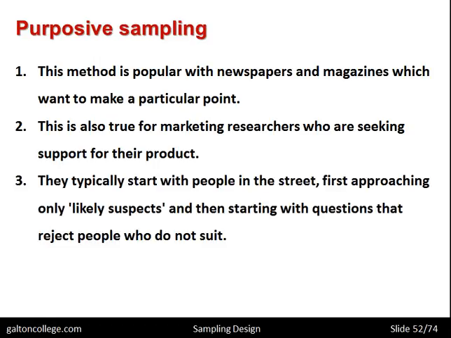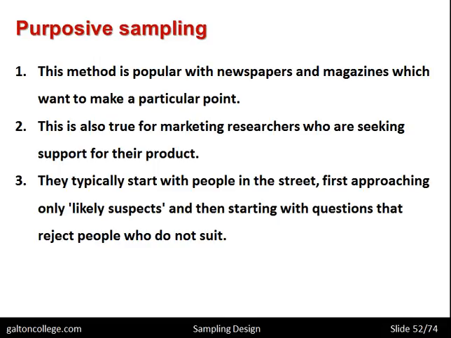It typically starts with people in the street, first approaching likely suspects, people who are going to cooperate and help, and then starting with questions that reject people who do not suit the profile. So it may stop people and say, do you buy a certain brand of washing up liquid? And if they say no, so thank you very much, that's the end of it.